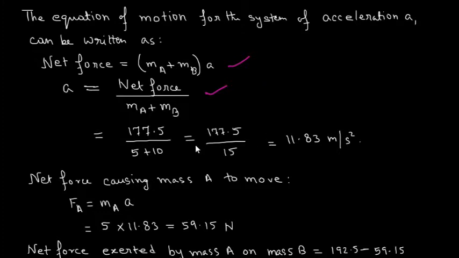Putting the values of net force and ma and mb, we find 177.5 upon 5 plus 10, that is 177.5 upon 15, that is 11.83 meter per second square. Net force causing mass A to move, Fa is equal to ma into A, which, putting the value of ma and A, we get 5 into 11.83 is equal to 59.15 Newton.